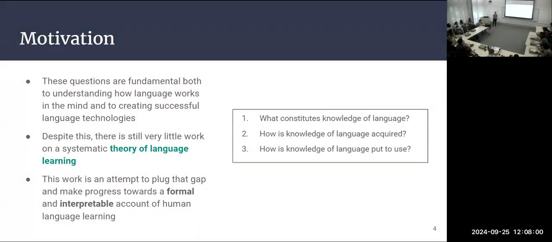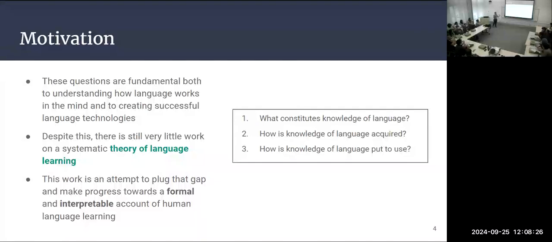So these are really, really fundamental questions and things that have been, as Thomas said, really important to linguists for a long time. But at the same time, there's still very little work that actually offers a systematic theory of language. So this is this big gap in our knowledge as linguists, like how are we doing this amazing feat of learning?